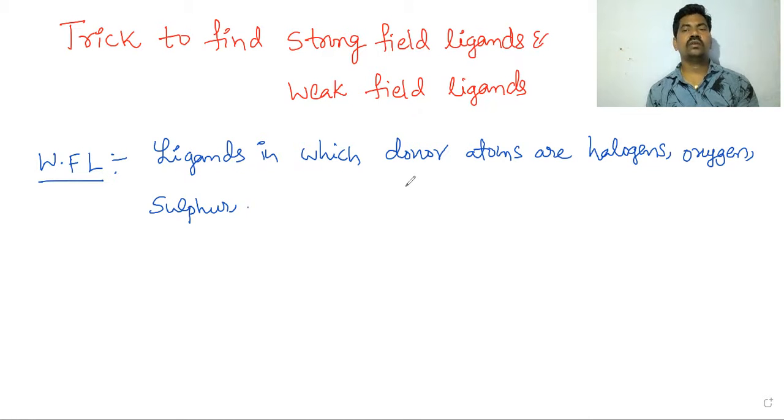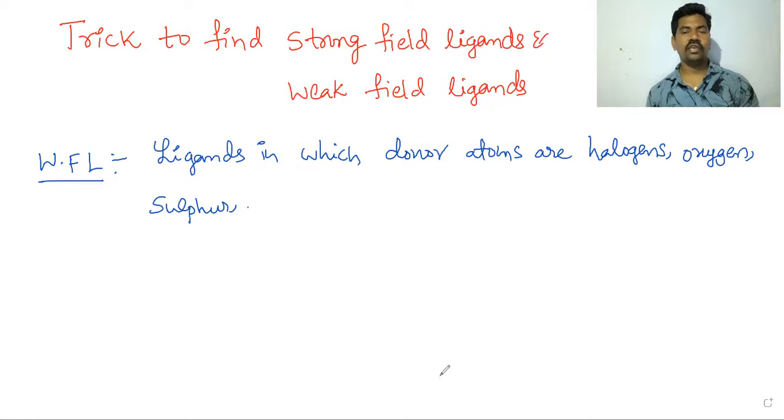So whatever the ligand may be, if it contains halogen, oxygen, or sulfur as a donor atom, then we can consider such ligands to be weak field ligands.